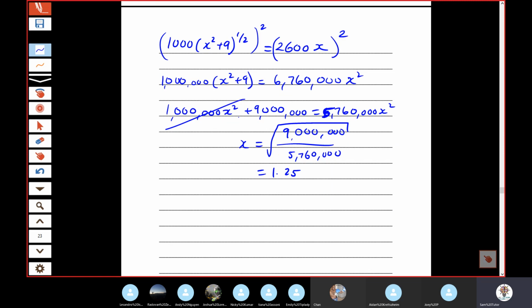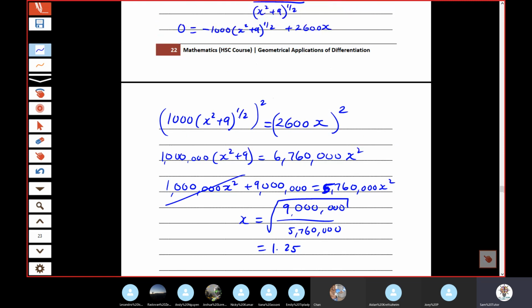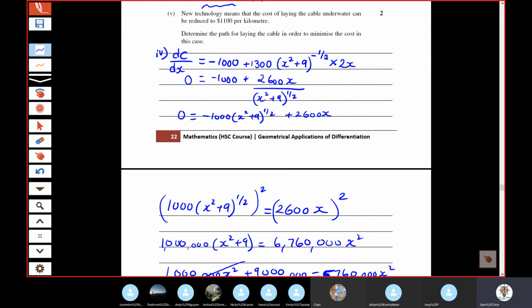We haven't shown it's a minimum, so we have to do the second derivative. That comes back down to you guys. Do you want to do the second derivative? You do not do the second derivative of this, because if you did, you have to use a quotient rule.